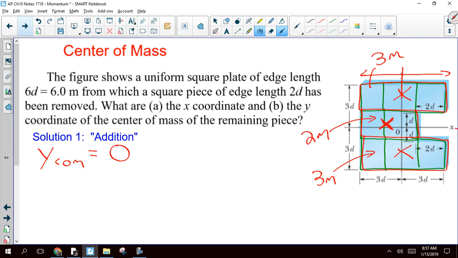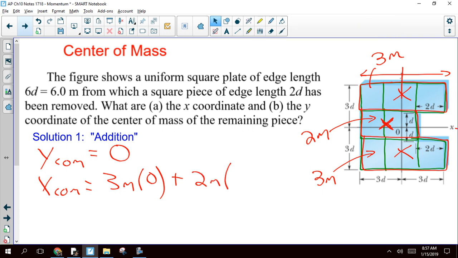So our x center of mass is, well, the mass of that top particle is 3m times its center of mass at 0. The mass of the middle block is 2m, and its center of mass is at, make sure you followed how I did this, notice the problem tells us this distance here is d.